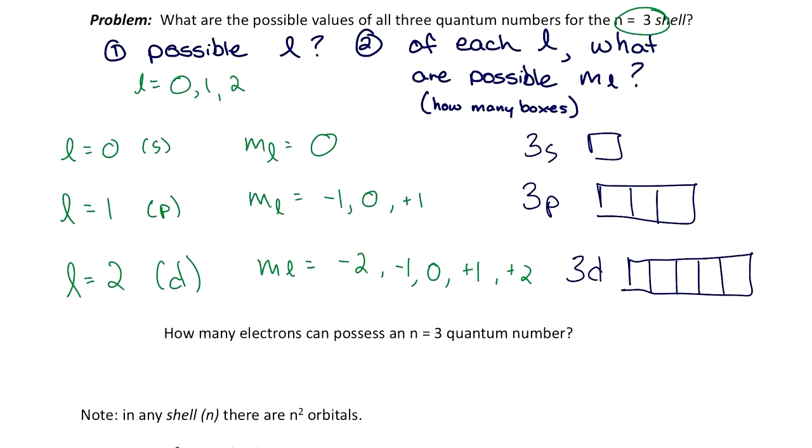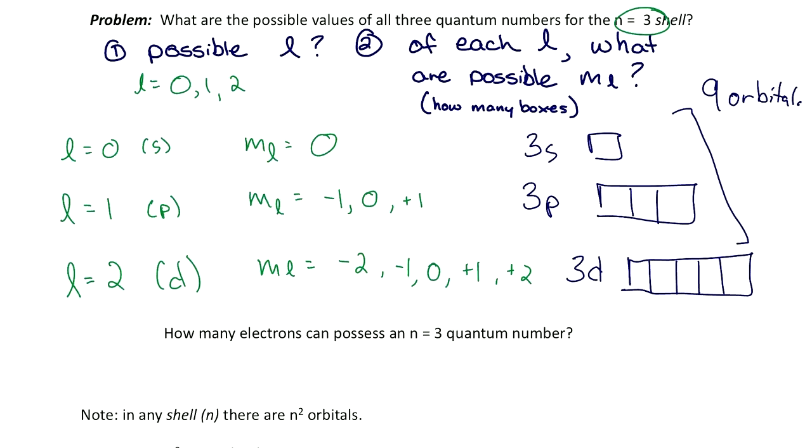So how many total orbitals are there in an n equals 3 shell? 10. Yeah, count carefully. There's 9. So there are 9 boxes, 9 orbitals within this n equals 3 shell. 1 + 3 + 5 is 9. Okay, so how many electrons can we fit in this n equals 3? 18.